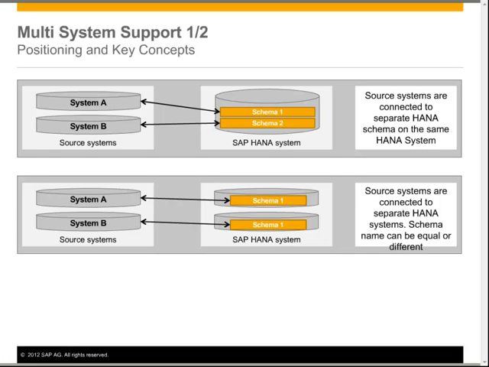We have multi-system support here. You could have multiple source systems replicated. They could be connected to separate HANA schemas on the same HANA system. You could also have multiple source systems connected to even separate HANA systems altogether.